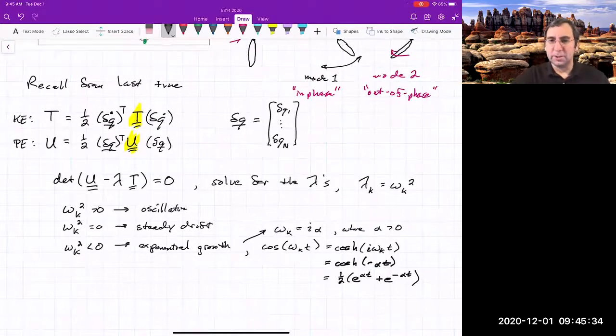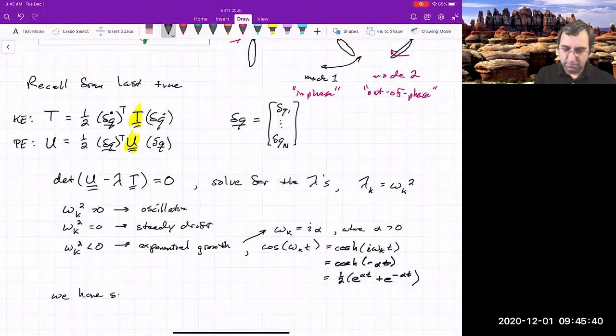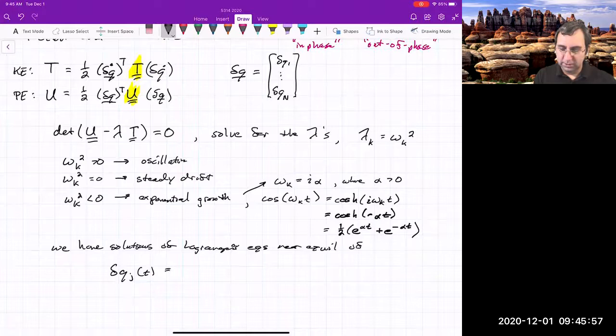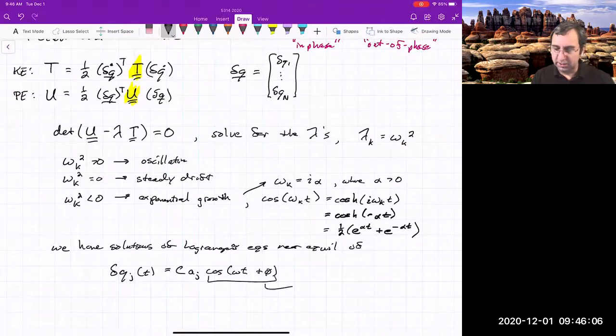The solutions of the Lagrangian equations near equilibrium that we assumed looked like delta q j of t equals C a j cosine of omega t plus phi. So this term goes exponential for the omega k squared less than 0 case.